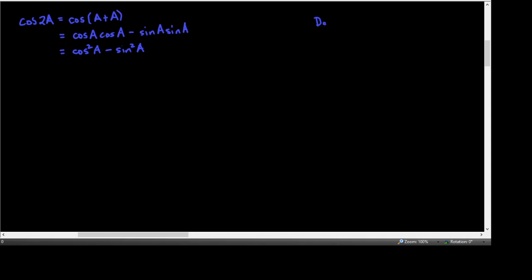They call them double number identities. I call them double angle identities. Both, I guess, are appropriate. Double angle identities is how I will probably refer to them. Okay, so that's our first one.